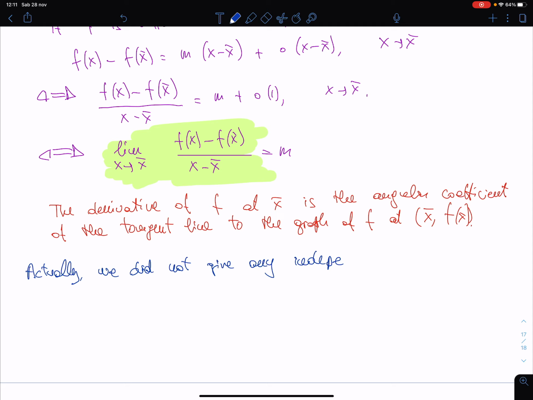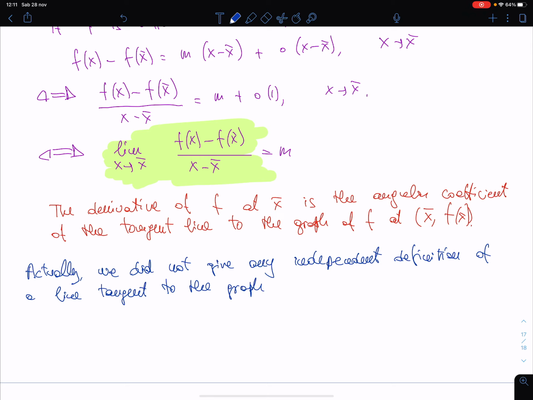So an independent definition of a tangent line to the graph of a function at a given point.